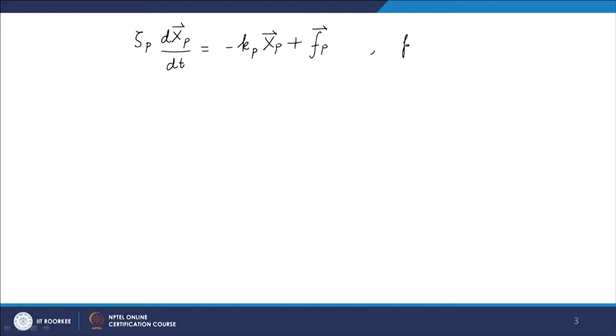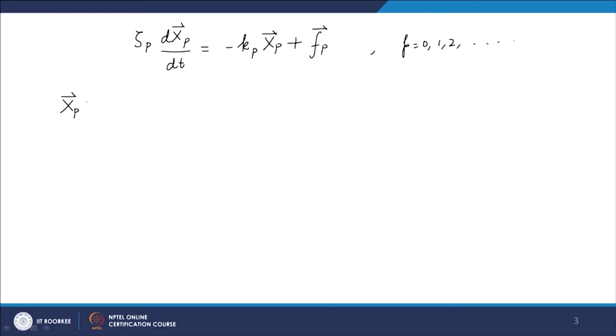Similarly, we have K p analogous of a spring constant, but defined for an ODE for a value of p, and similarly F p is like a random force that is defined for a value of p, and of course, that is changing as I change the values of p. We do not know what the values are yet, we will derive the values that would give any meaning to this equation.